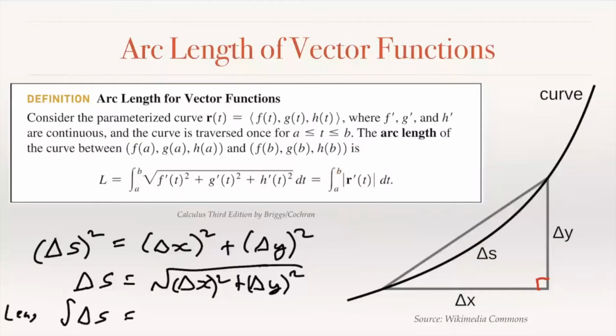And the arc length is thus the integral of the square root of delta x squared plus delta y squared. Okay, but d what? Well, it doesn't really make sense in this context, or as written, I should say.